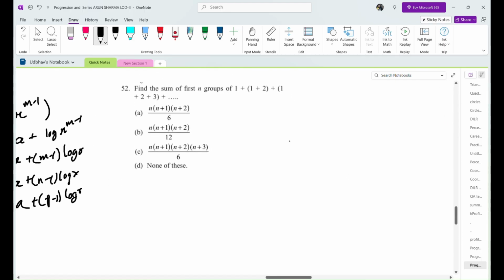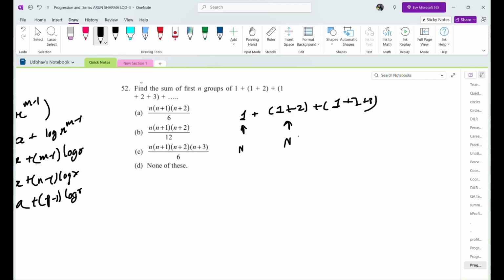Find the sum of first n groups of 1 plus 1 upon 2. It's similar to that question. Here it is the sum of first n natural numbers, sum of first two natural numbers, sum of first three natural numbers.